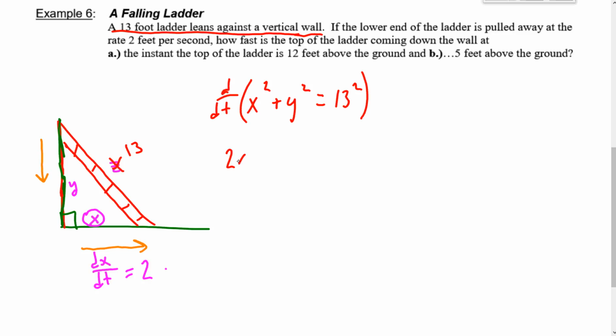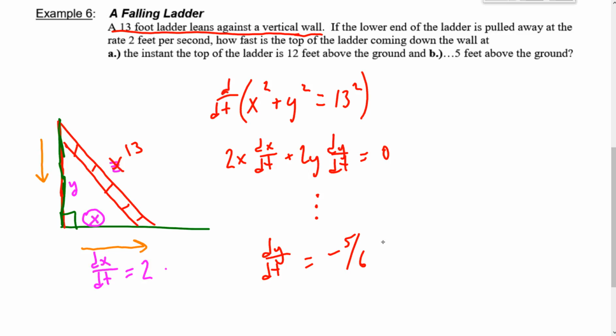But this gives us 2x dx/dt plus 2y dy/dt equals the derivative of 13 squared. The derivative of any constant is going to be 0. And then we can finish the problem up just as we did before. And you'll still get dy/dt equals negative 5 over 6 feet per second.